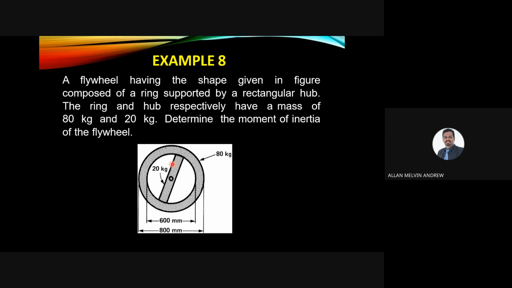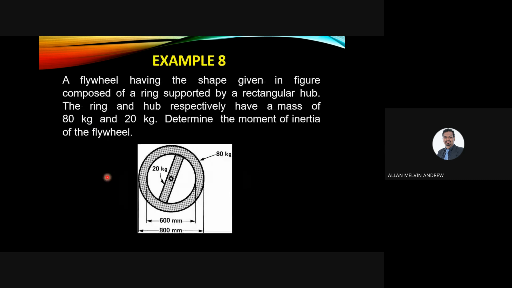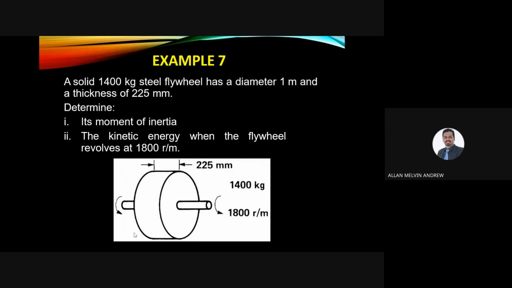For this case, we need to deal with it separately. First we do the analysis for the hollow ring, and second we do the analysis for the bar, or the hub. For the ring, we know it's a hollow ring, so we just take this formula: J equals m over 2 times r1 square plus r2 square. We just apply this formula.